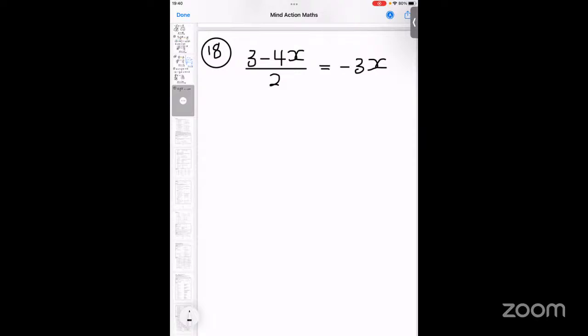Okay, this one looks confusing. Okay, then it's fine.